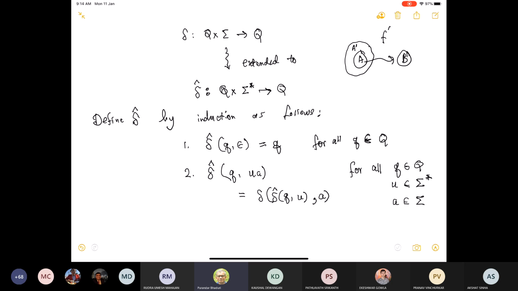Okay. So is this definition clear? I'm just going to explain this through an example.